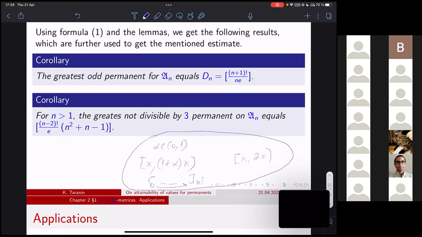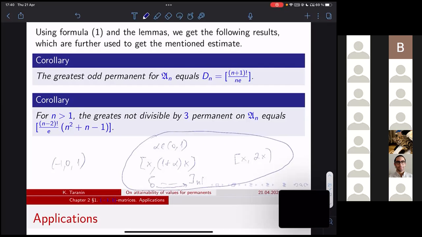Another thing that we can do is consider -1, 0, 1 matrices.